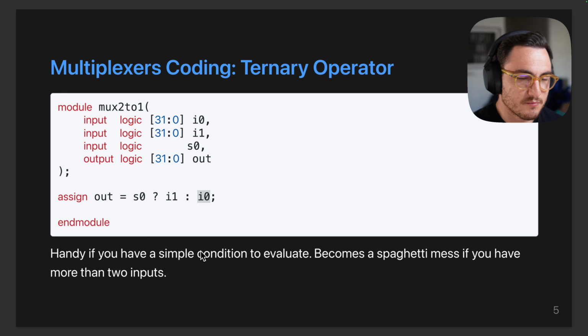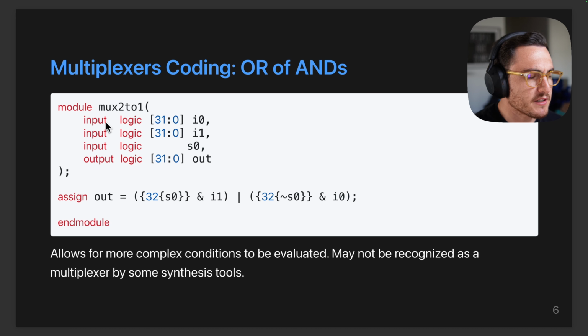Another notation that I personally like a lot is this OR of AND, and this follows the min term approach if you did some digital design lectures. It behaves in the same way that we had seen previously with the ternary operator.